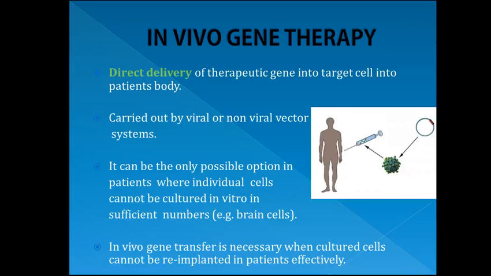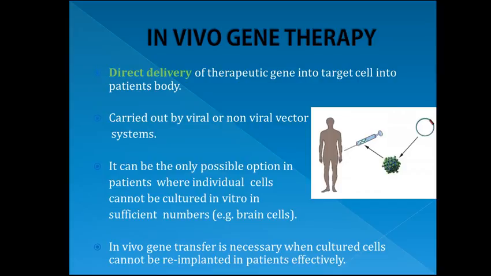In vivo gene therapy. Direct delivery of therapeutic gene into target cell in the patient's body. It is carried out by viral or non-viral vector systems. It can be the only possible option in patients where individual cells cannot be cultured in vitro in sufficient numbers.